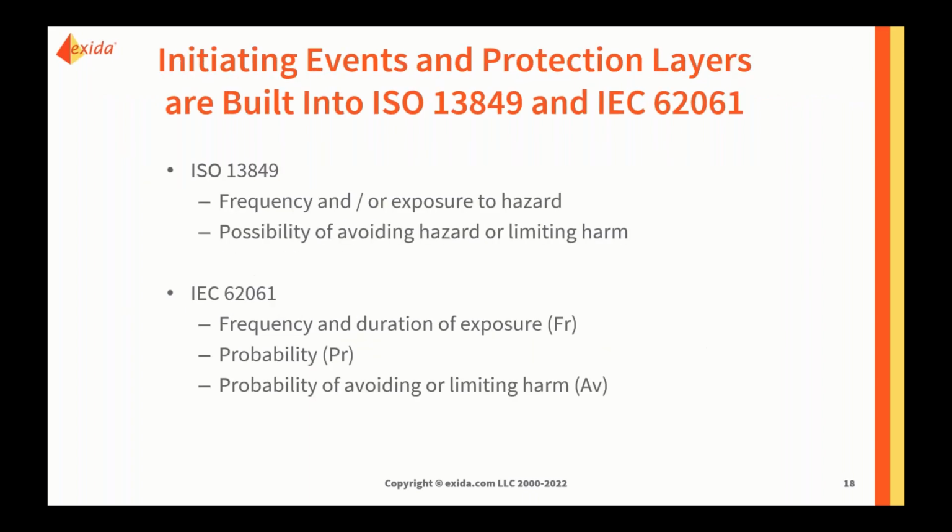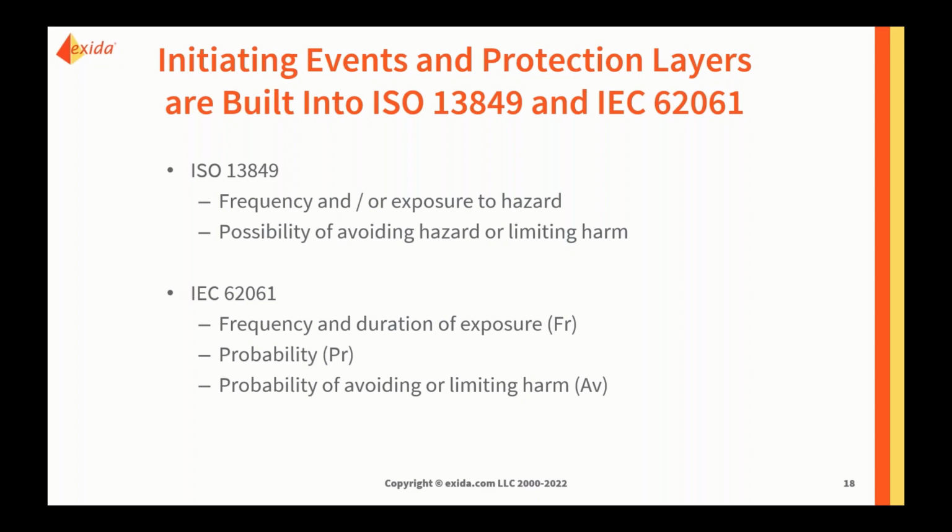So as we mentioned earlier, when we looked at the 13849 and the 62061 examples, those risk graphs actually do have embedded within them the fault propagation of an initiating event, our frequency and exposure to the hazard, along with one or more example protection layers that we must consider in each of those cases.